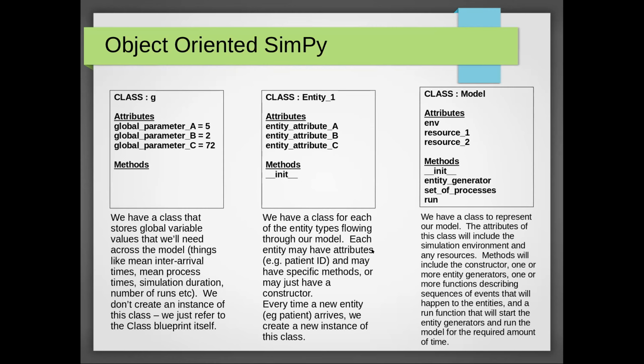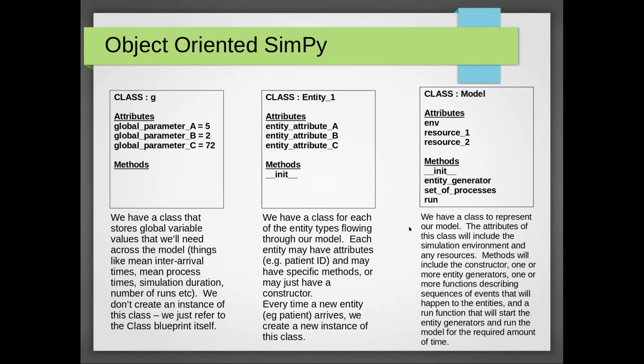You may need nothing else, but you might have particular methods that you want to put in for that particular entity. And then basically, every time a new entity, for example your patient, arrives, we'll create a new instance of this class. So our arrivals generator will essentially be creating new instances of this class, which already seems a bit more sensible than what we were doing before.